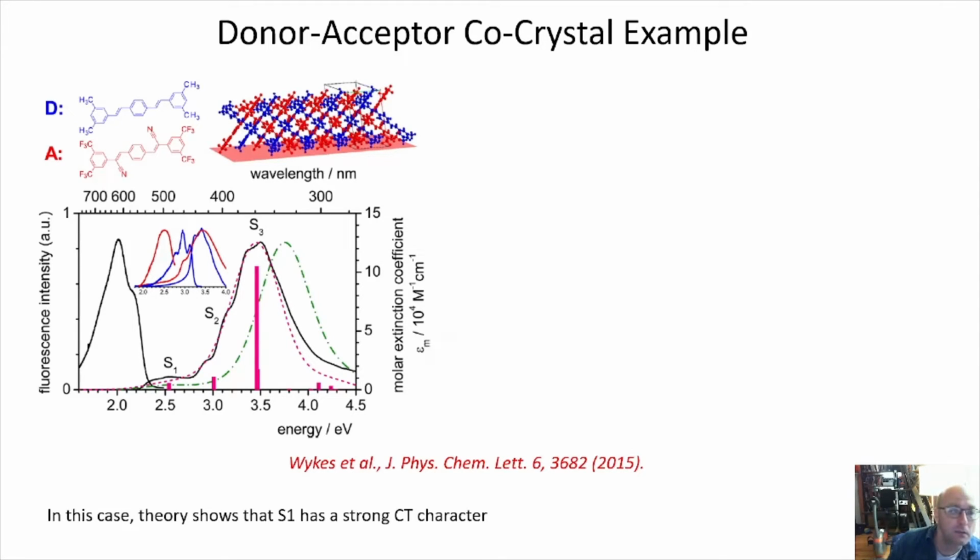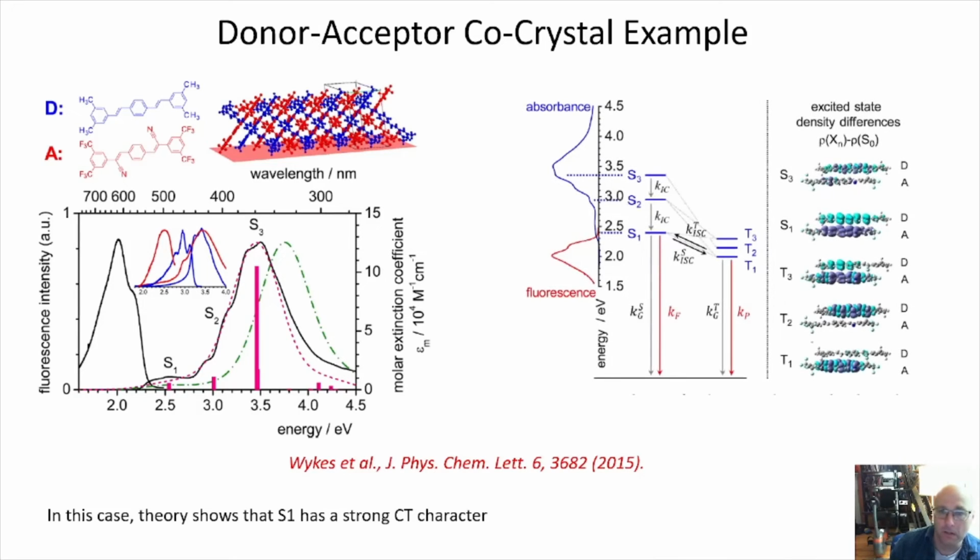And in this case, probably the clearest evidence comes from theoretical calculations. I can't 100% remember what they did in terms of their theoretical methodology, but it doesn't really matter. The point I'm trying to make here is that by looking at the spectra, it's not so easy to be sure which, if any, of these have CT character.